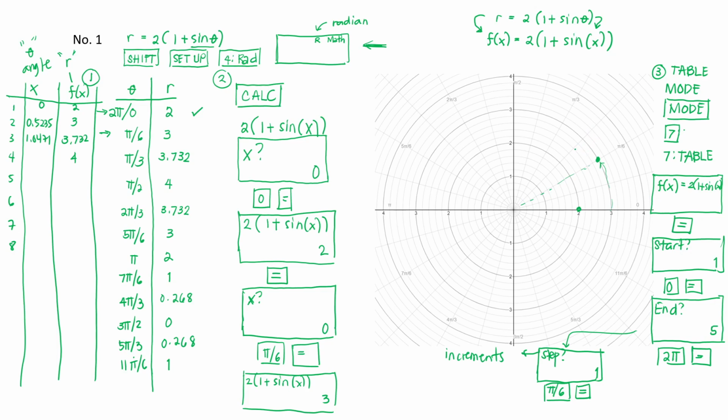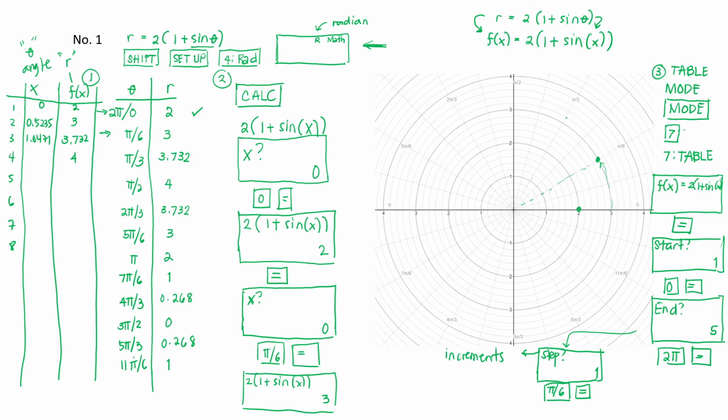So next is 3.732 for the angle of pi over 3. You can use the shortcut on the line of sight of your pi over 3. If this is 3, notice that the increments going towards 4 is 1, 2, 3, 4, meaning it's divisible by 2.